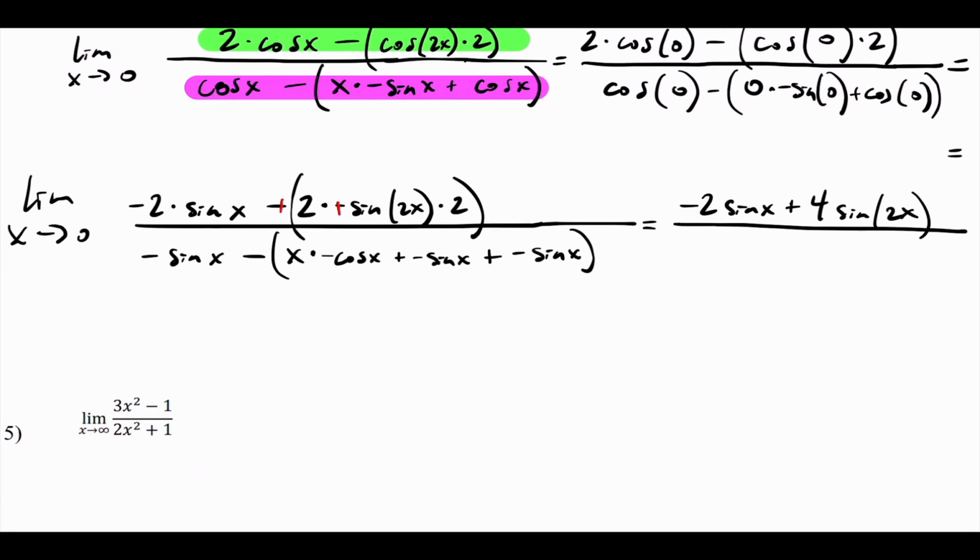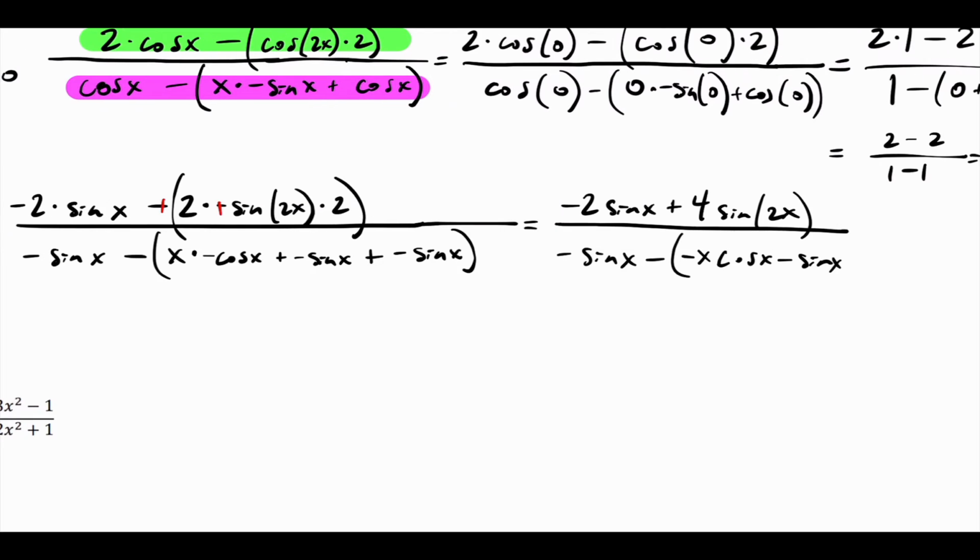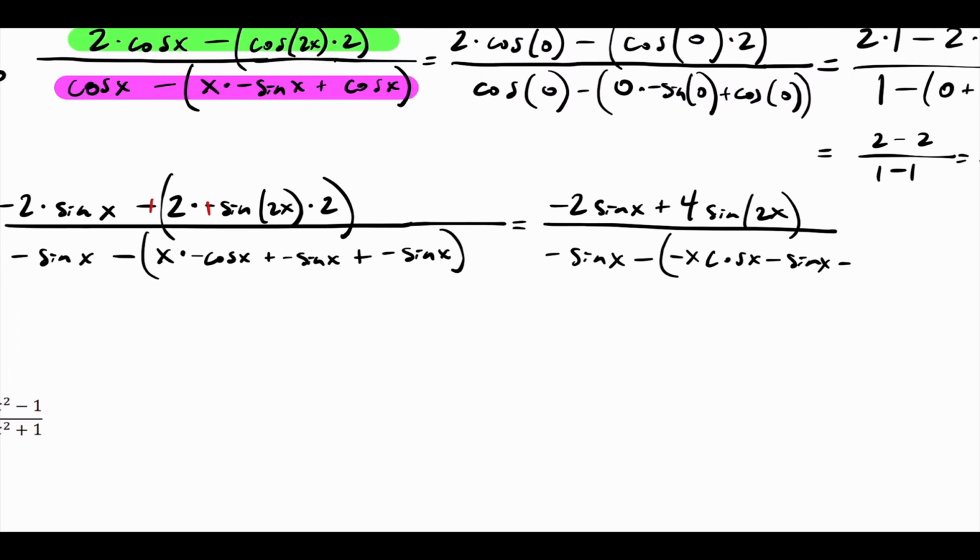The bottom, I have a negative sine of x minus, and then I'm going to have a negative x cosine of x minus sine of x minus sine of x, or 2 sine of x.